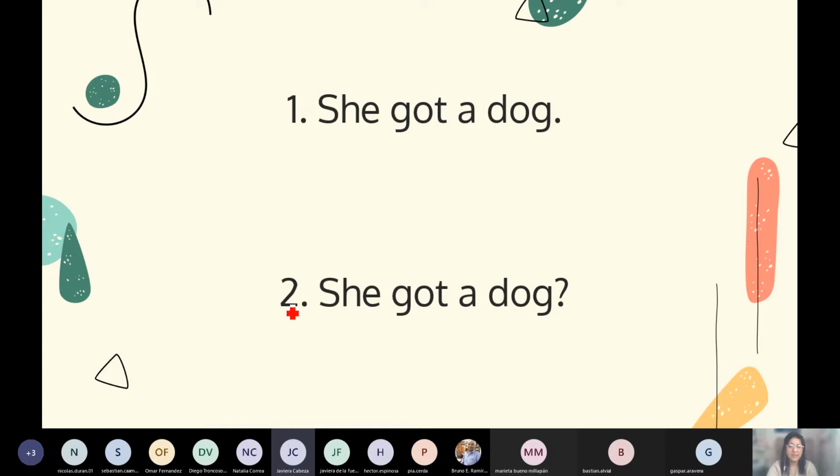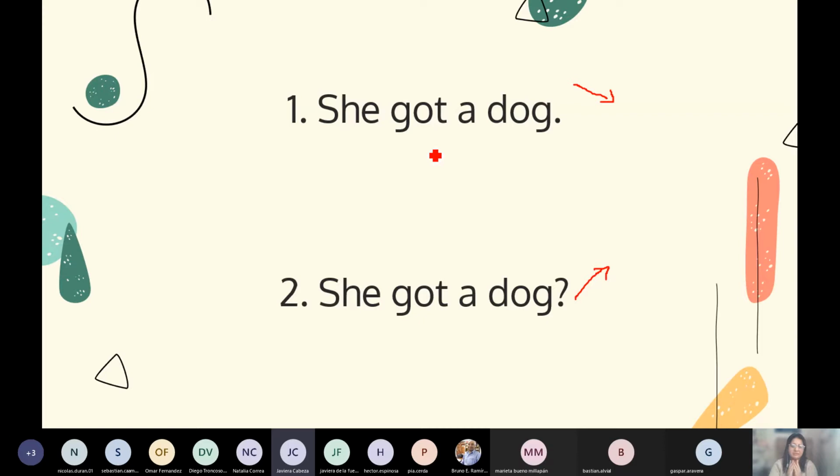In the first one, we have an intonation that goes down. She got a dog, right? It's not like in the second one, where we say, she got a dog? It goes up, right? This is because in the first one we have a complete thought, a statement.